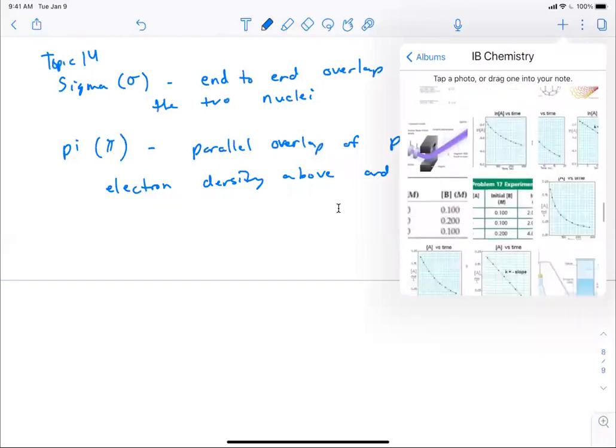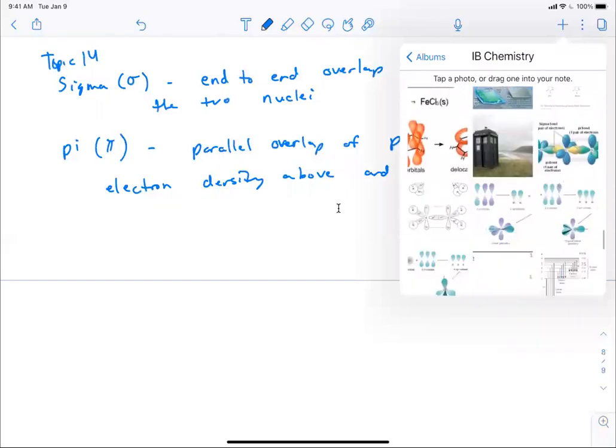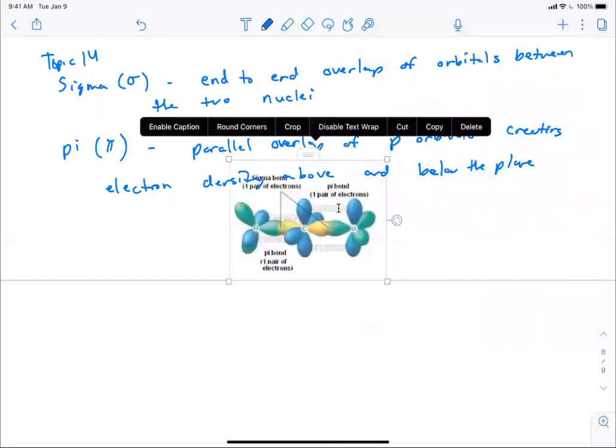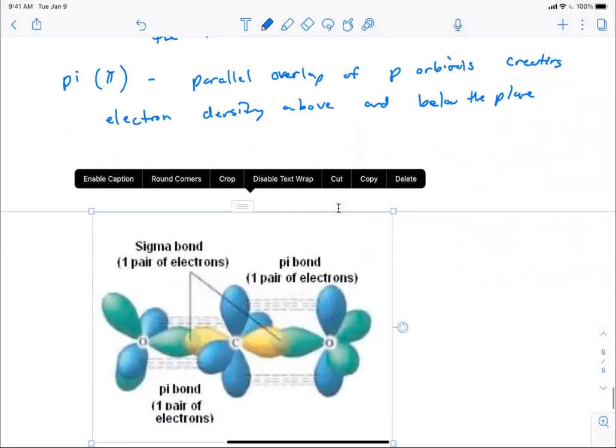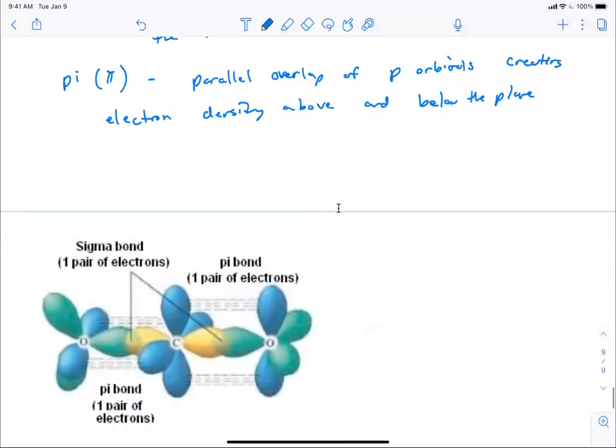This CO2 hybridization, I think, helps you see sigma and pi bonding. You can imagine where the letters C and O are the nuclei, and the sigma bond is between the two nuclei. So it's a stronger bond than a pi bond.